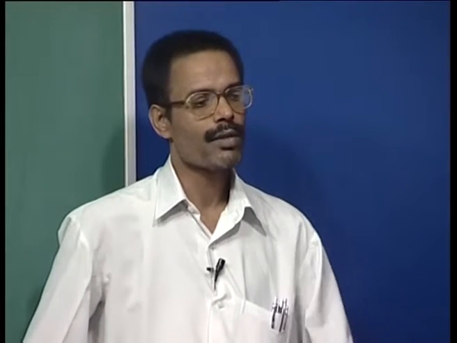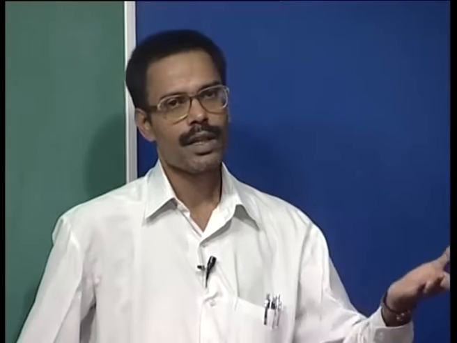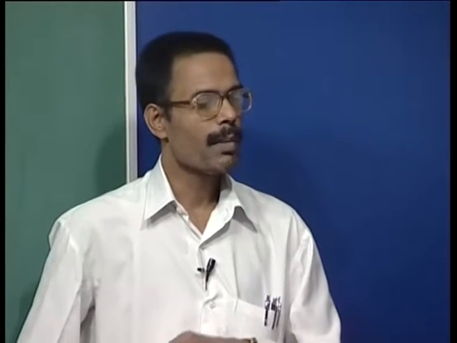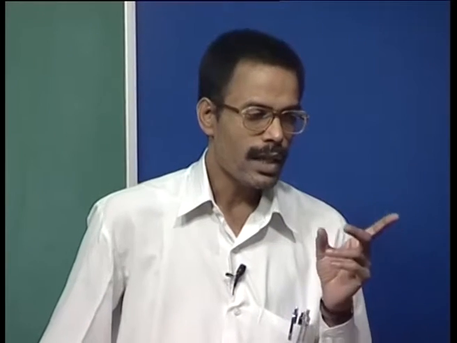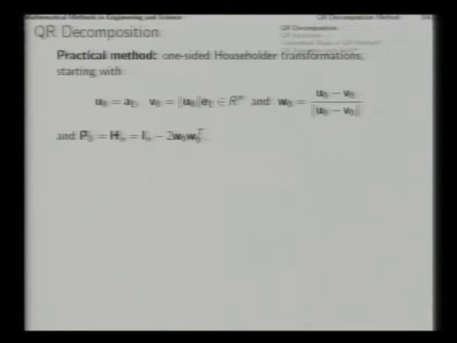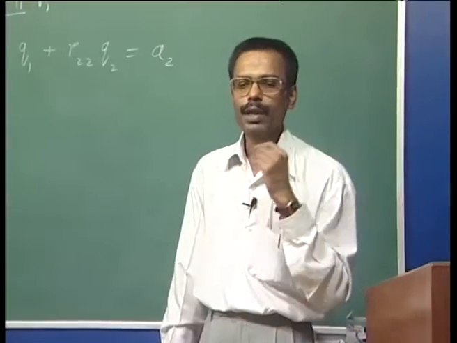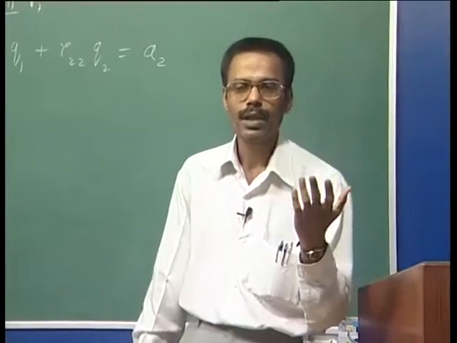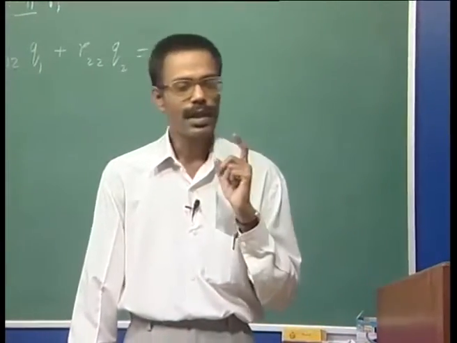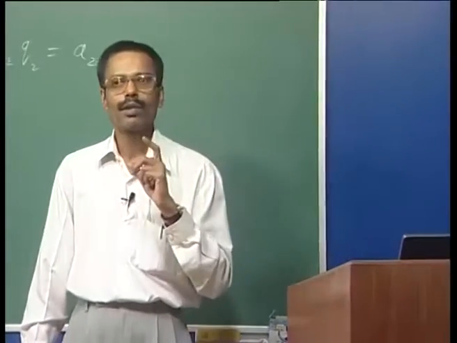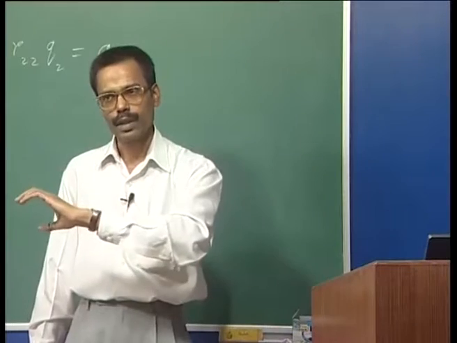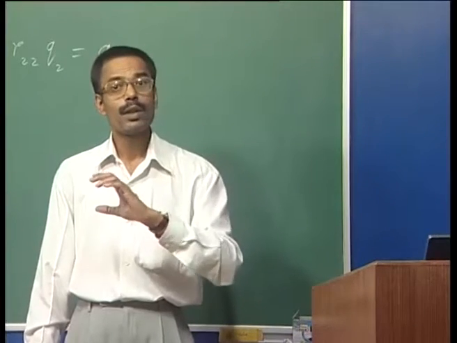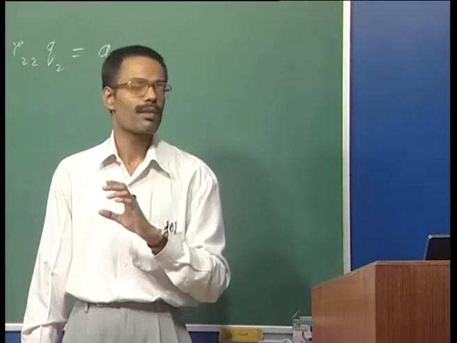The same Householder transformation which we studied in the previous lecture, but with a little difference. Here there are two small differences compared to the way we applied Householder transformation in the previous lecture. In the previous lecture, we were using Householder transformation matrix on both sides, left as well as right, because we were concerned with similarity transformations.